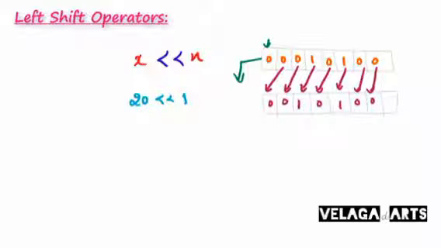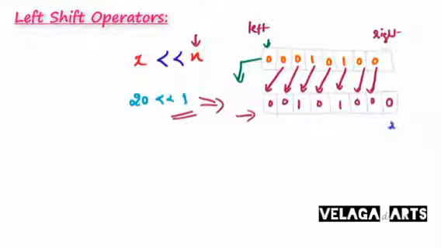In the left shift operator, n number of bits are popped out on the left side. So this is the left side and this is the right side. And at the right side we can see n number of empty places. Here the n value is 1 because we are shifting 20 by 1 bit. That's why one place is empty, and we need to fill this empty place with 0. So this is the result of this operation.